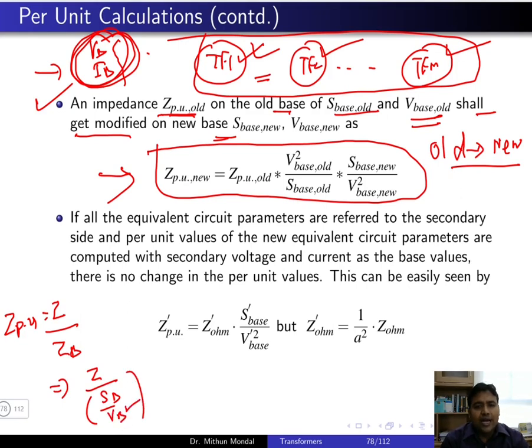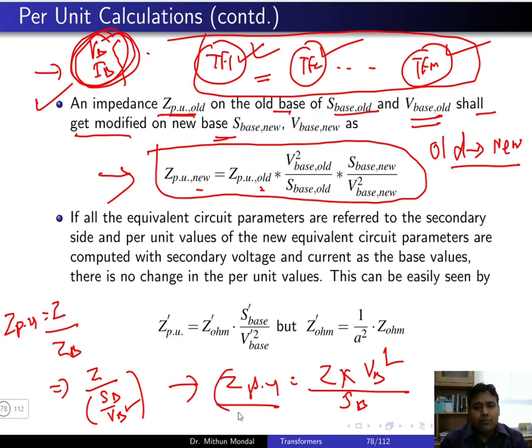So this equation can be used to convert the new parameter and the old parameter. Because the impedance Z per unit is proportional to the base power and inversely proportional to the square of the base voltage.